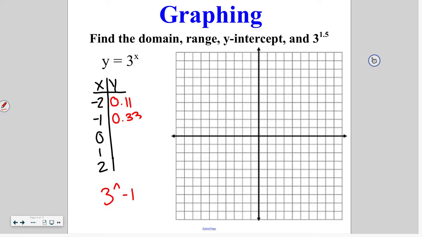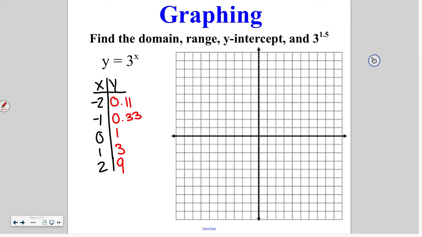Again, 2 decimal places. 3 to the 0 power is going to give us 1. 3 to the first is going to give us 3, and 3 to the second is 9. So again, when you type that into the calculator, you are using that caret button, which is the 5th button up on the left if you are using the calculators that we have at school.